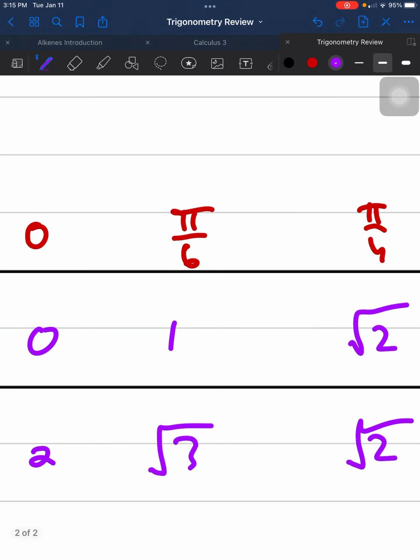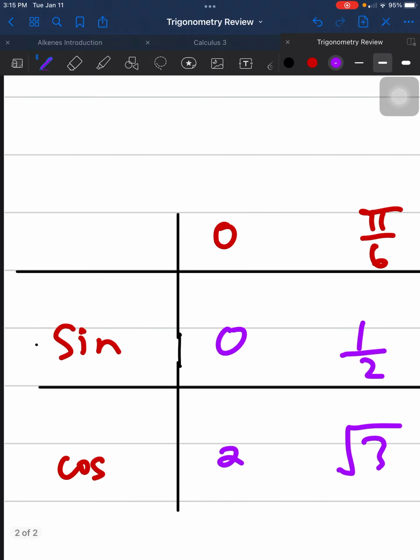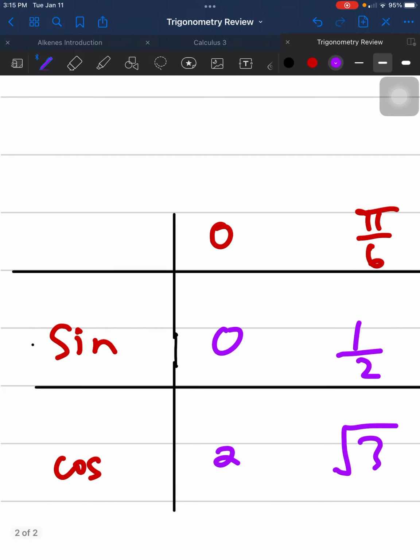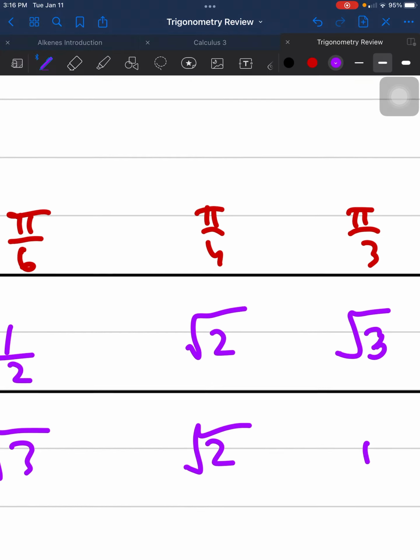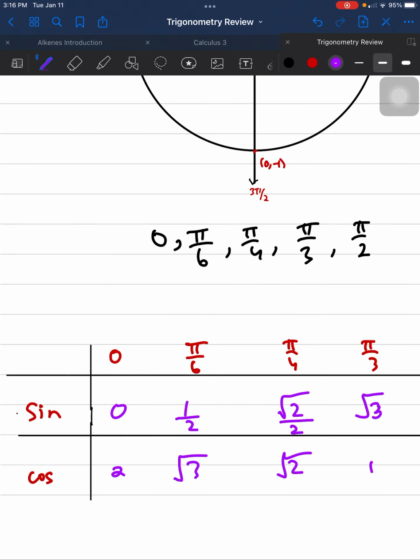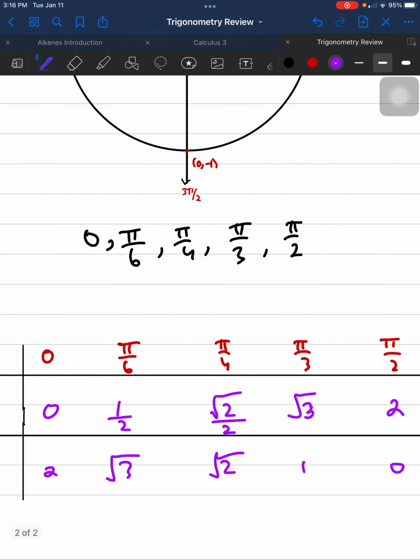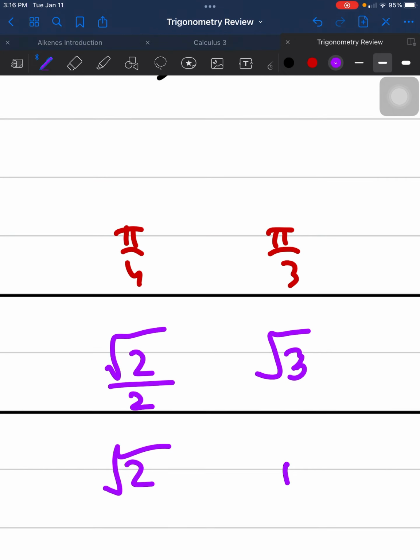So sine of 0 is equal to 0. When we divide 1 by 2, we get 1/2. So when the angle is pi over 6, sine of x is equal to 1/2. When we divide radical 2 by 2, we get radical 2 over 2, so sine of pi over 4 is radical 2 over 2.